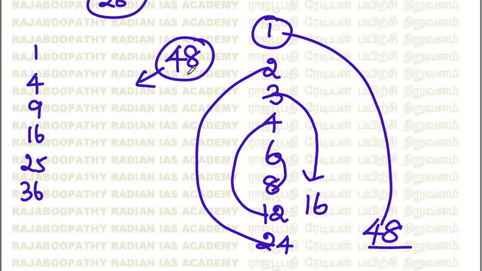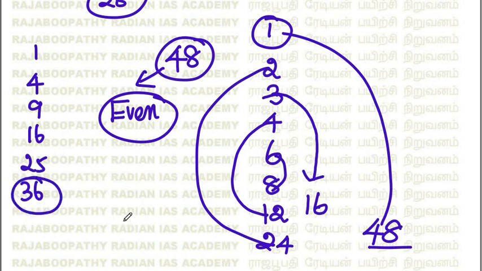If a number is not a square, the total number of divisors is always an even number. Note this down: the total divisors of a non-perfect square is always even, and the total divisors of a perfect square is always odd.